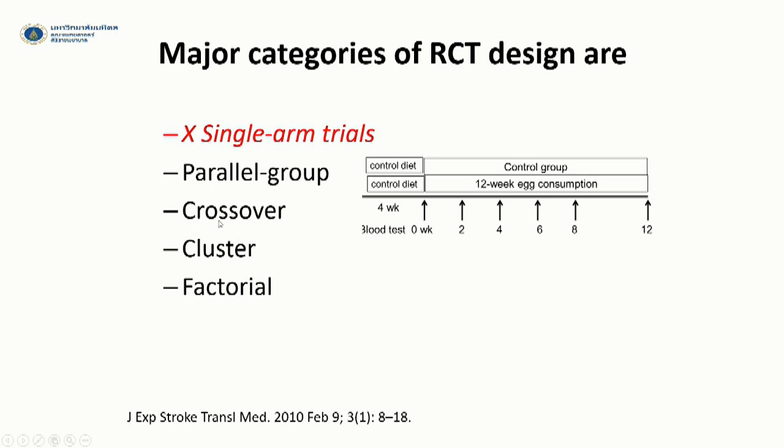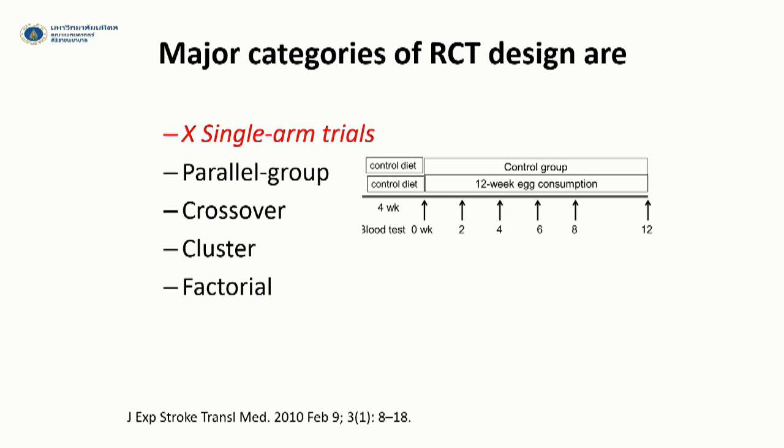So you study the first medication first for maybe 4 weeks, and then after some time of washout, you give the same participant the second medication. If you have 3 medications, then you switch to the third medication. The benefit is that it reduces the number of participants in the study. But the drawback is that it will take a long period of time. You probably have a dropout population.